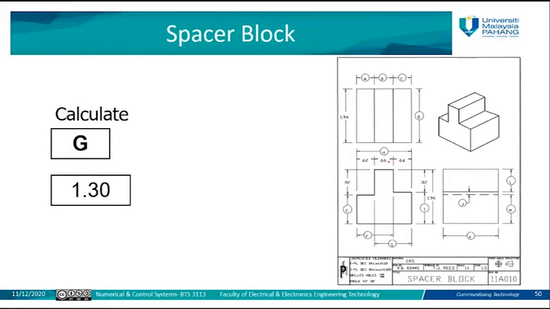So this is how we can calculate the dimensions from the different views. You have three views here: you have top, you have side, you have front views. So from different views, you can know the dimension of this object. These dimensions will be fed to the CNC machine in order to do cutting.